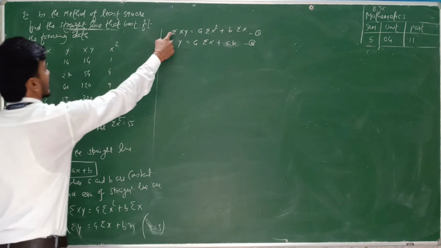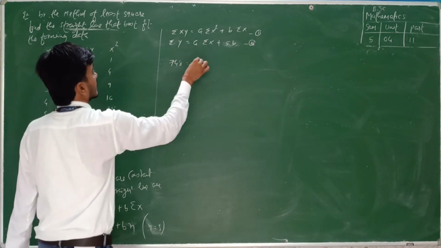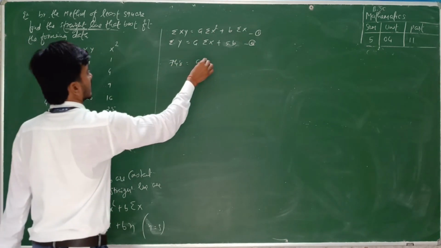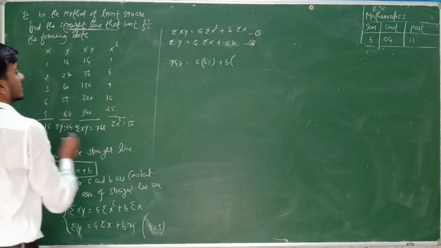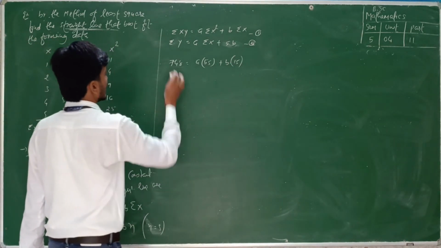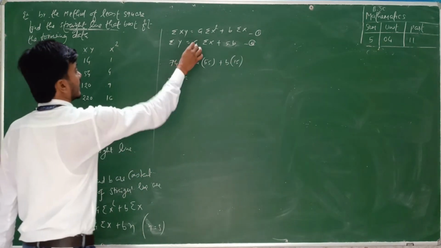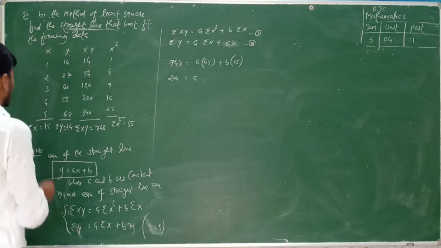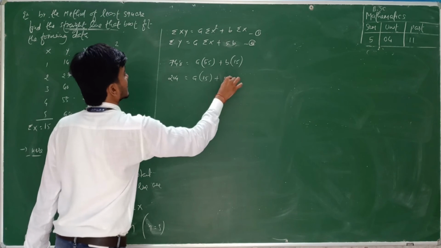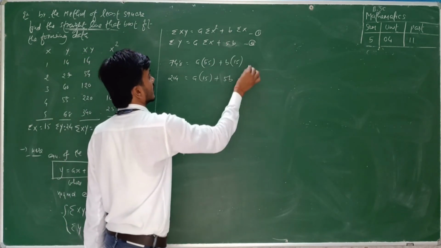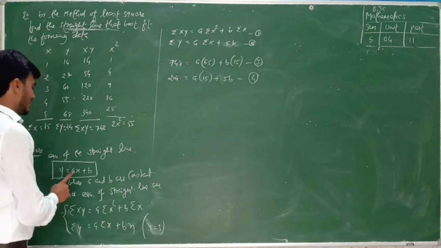Putting in these values: sigma xy, that is 748, equals a into sigma x square, that is 55, plus b into sigma x, that is 15. Similarly sigma y, that is 204, equals a into sigma x, that is 15, plus b into 5, that is 5b. These are equation number 3 and equation number 4. We retrieve the values of a and b.